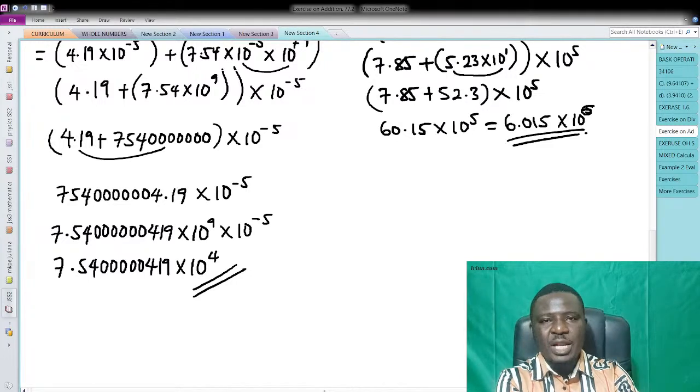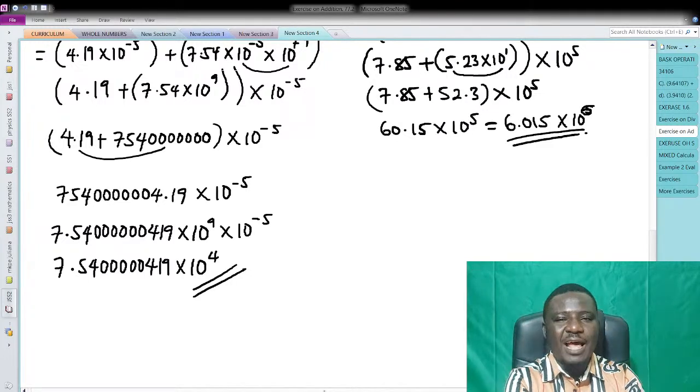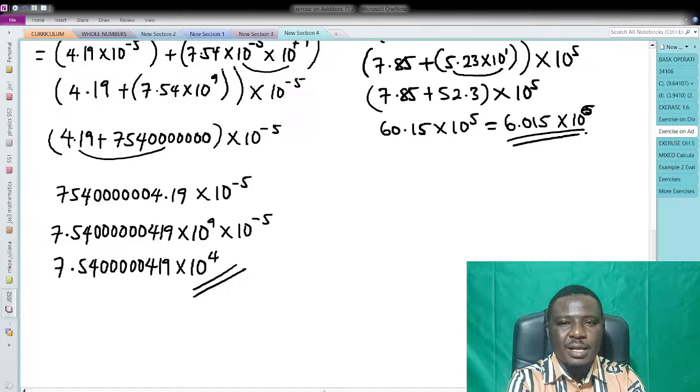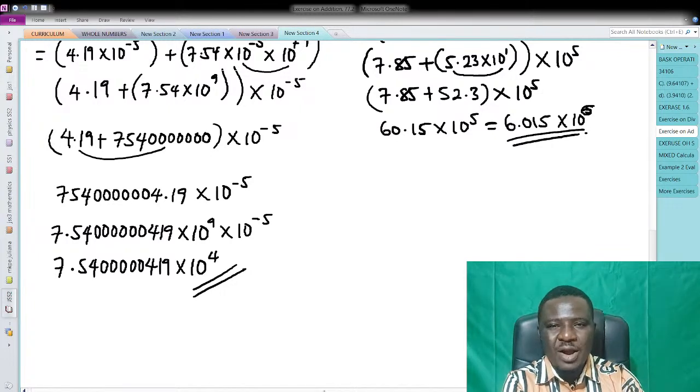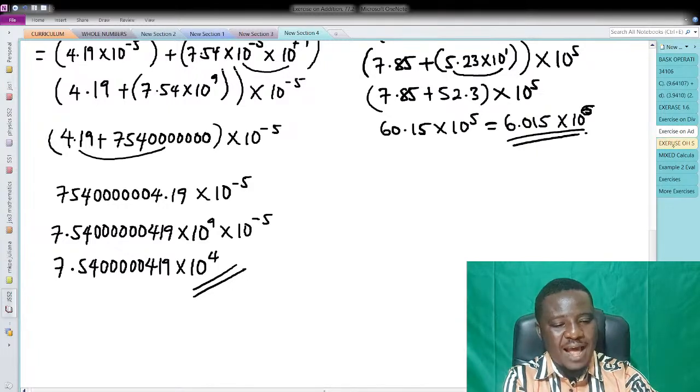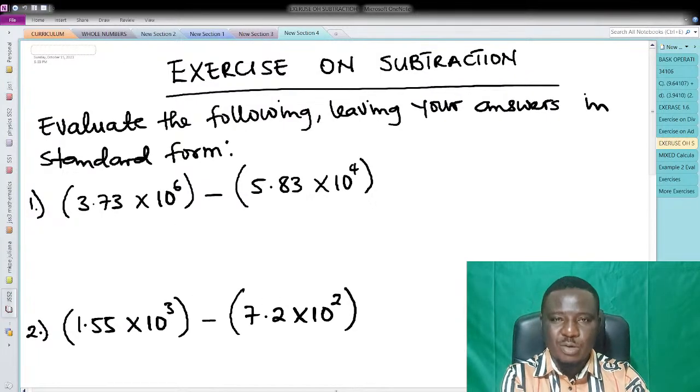Now, if you understand all I have said, I'm going to display on the screen a new set of exercises. It will be on subtraction, and I'll expect you to give me the answers. So Sarah and other students online, I will expect you to solve this using the same method I have used.